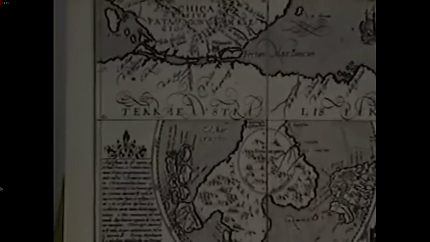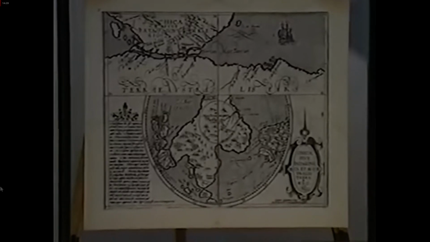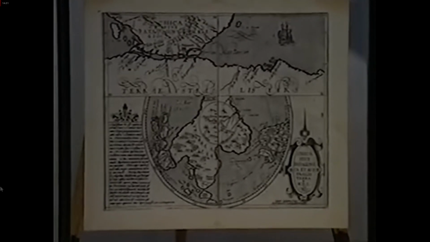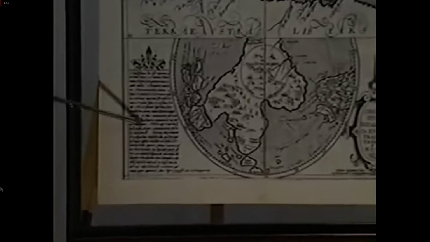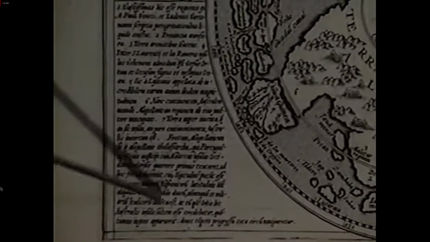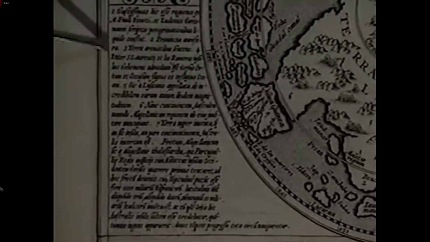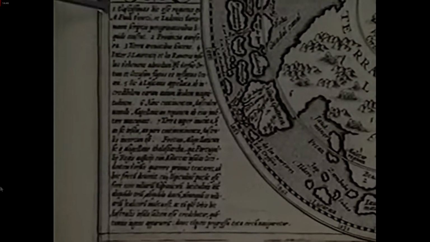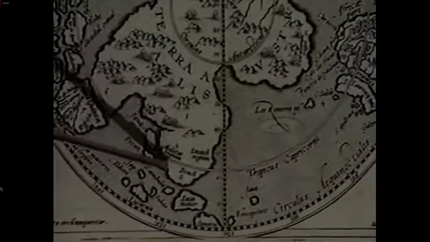And as was true with many of the Matthias Quadus maps, he enjoyed putting as much information on the front of the map as he possibly could. And we're going to examine this legend right here and point out some facts as they were interpreted then. Each one of these scripts, captions, is numbered to a corresponding position on the map.